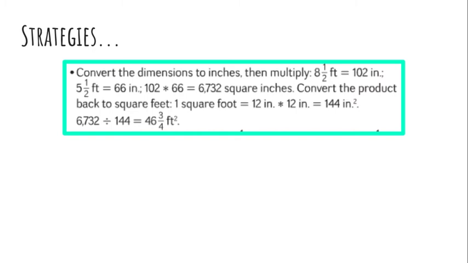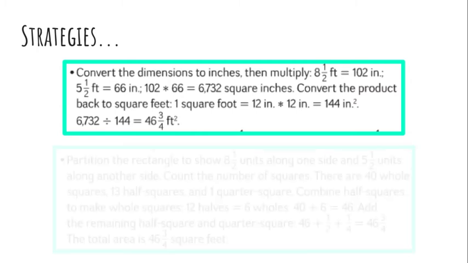That gives me a total of 6,732 square inches. I would convert this product back to square feet. 1 square foot equals 144 inches squared. 6,732, which is our total square inches for this rectangle, divided by that 144 gets me the area of my rectangle.